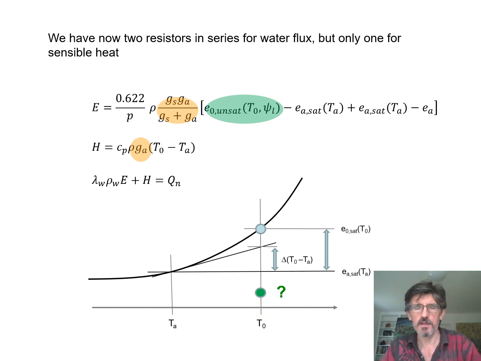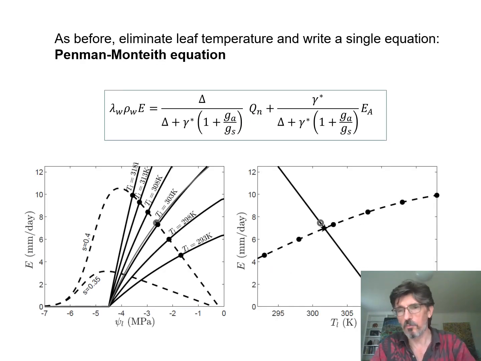Well, at any rate, Penman didn't bother about that. Sorry, Monteith didn't bother about this point and just went ahead, combined the two equations as Penman did, and obtained this Penman-Monteith equation. That's how we became famous.